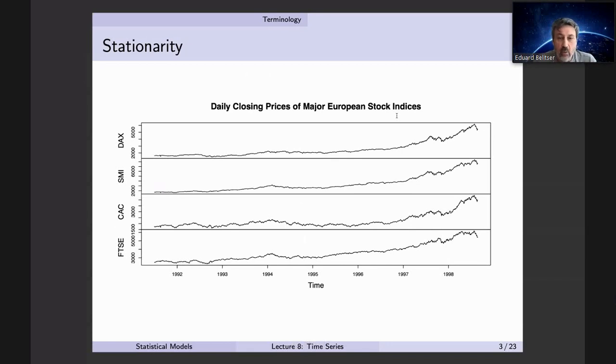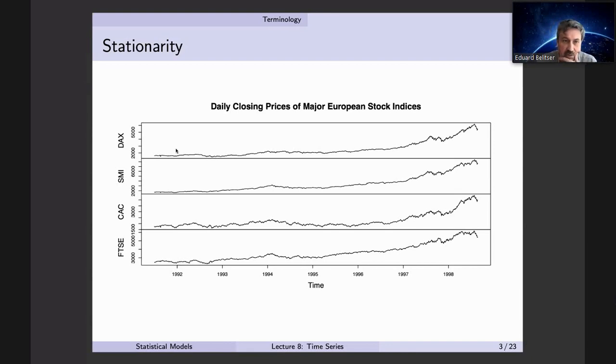Here's another one. For this one, we cannot say they're independent. Absolutely not. This is just the prices of some stock indices, and it evolves, and of course it depends on what was before. And of course, they're also dependent on each other.